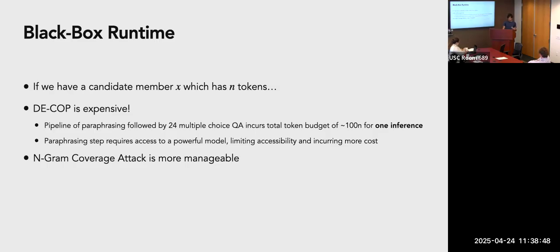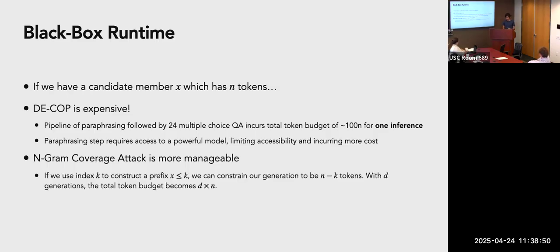And then our method, why is this more manageable? We can actually have some constraints to constrain our generation to be exactly the amount of tokens which is removed. So when we generate, we're only going to generate exactly how many tokens are in the suffix.